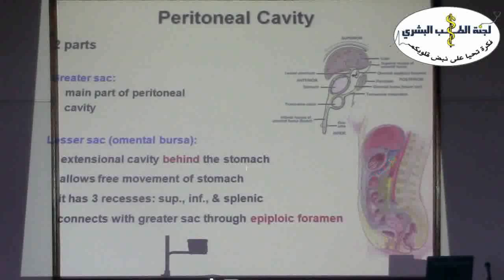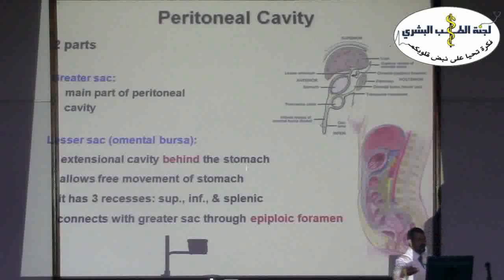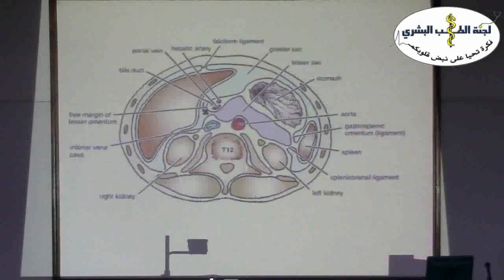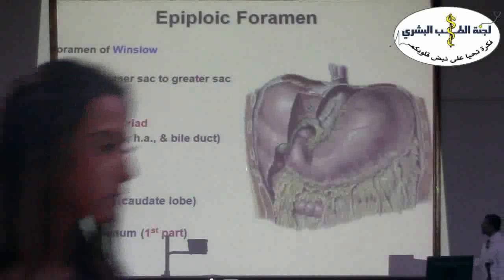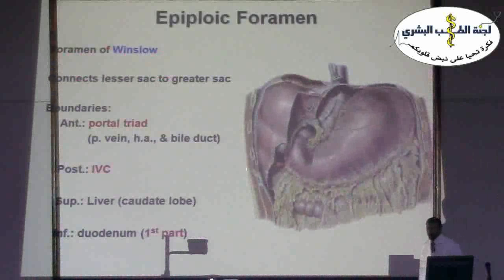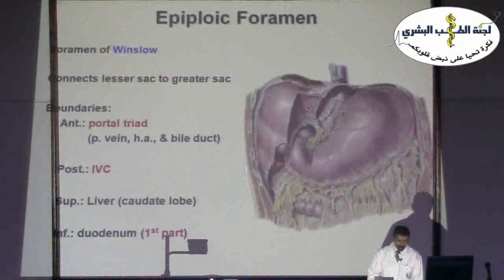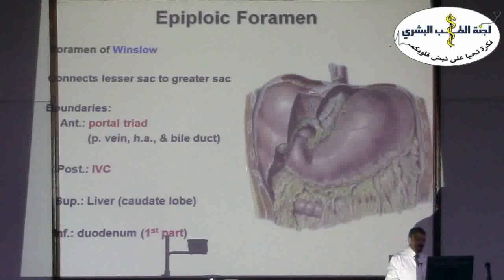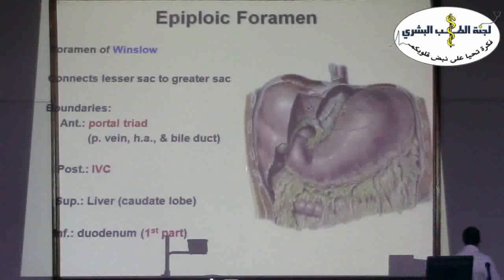The opening, the continuation between the greater sac and the lesser sac behind the stomach, this gap or small opening here, we refer to as the epiploic foramen. Epiploic foramen, or foramen of Winslow, is named after the French anatomist who described it, Jacob Winslow. Epiploic foramen or omental foramen, all of these are the same, and it indicates the continuation between the greater sac and the lesser sac.